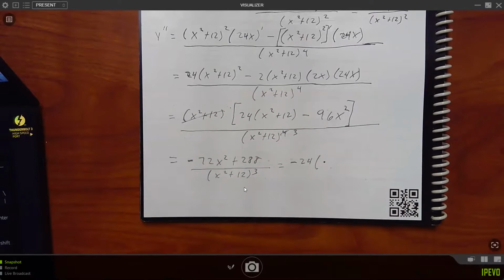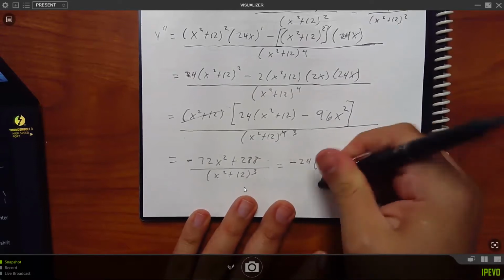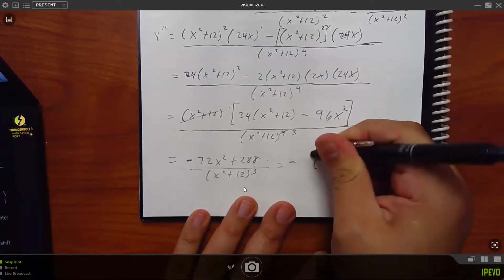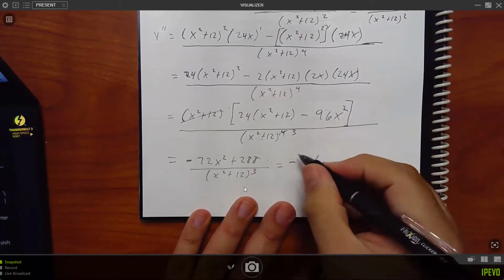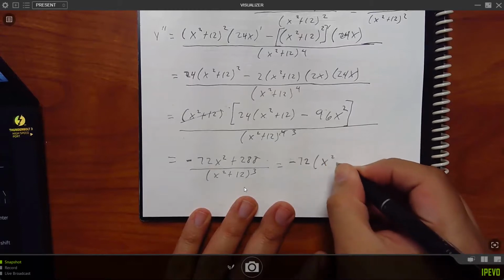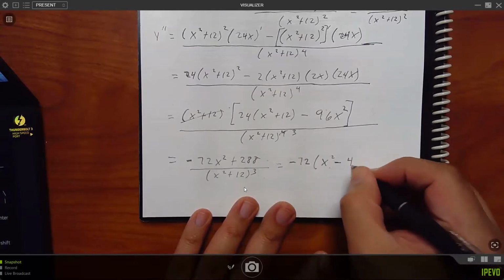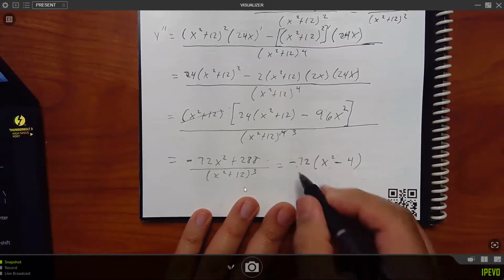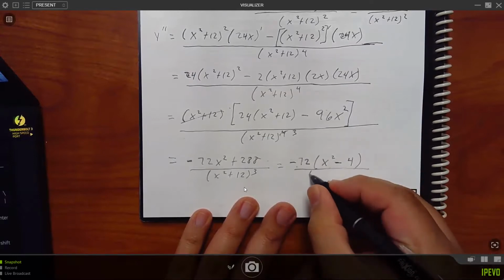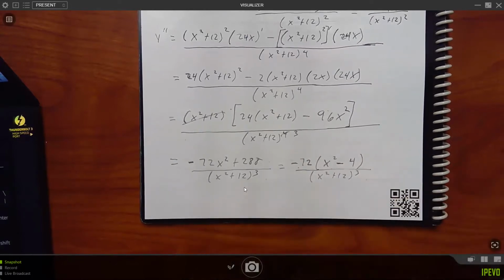I think 72 goes on above, right? Yeah. Even better. This will be x squared minus 4, right? I'll call that negative. Yeah, please double check me at any moment. I do not want to start over.